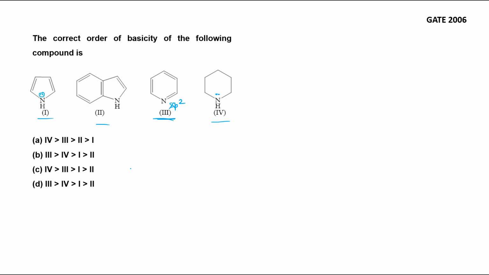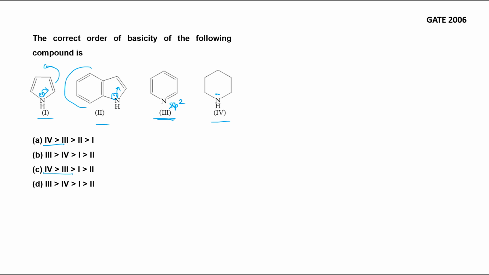Now 4, 3 is fine, which you can get in 2 options. So we still have to work. Among 1 and 2, in case of pyrrole, the lone pair is obviously taking part, it is achieving aromaticity. But in case of indole, the same thing is possible, but here we have this extra benzene ring. So the conjugation is now even more extended.